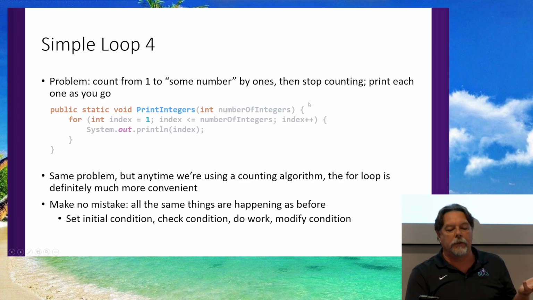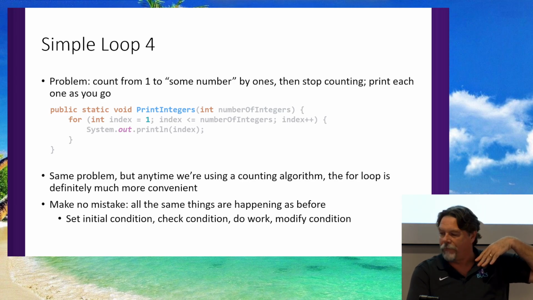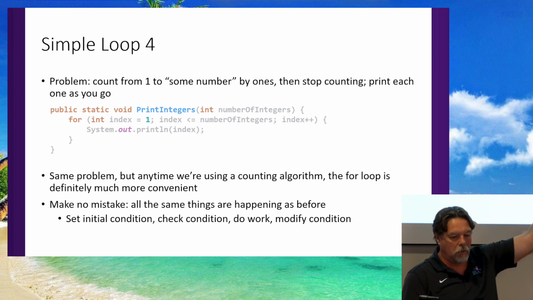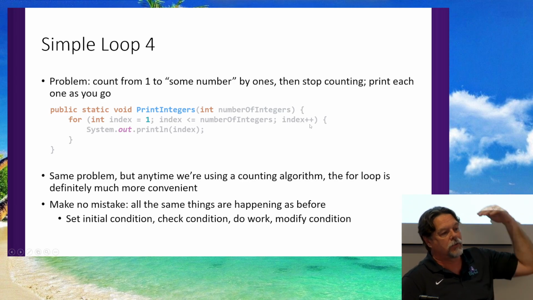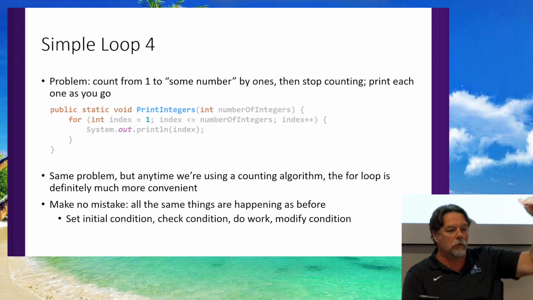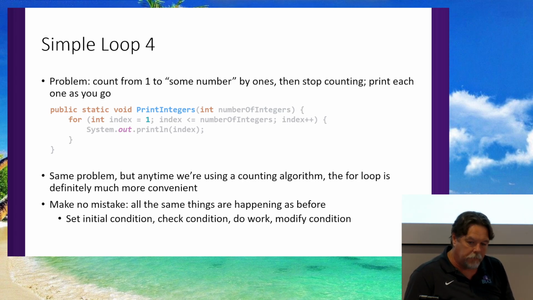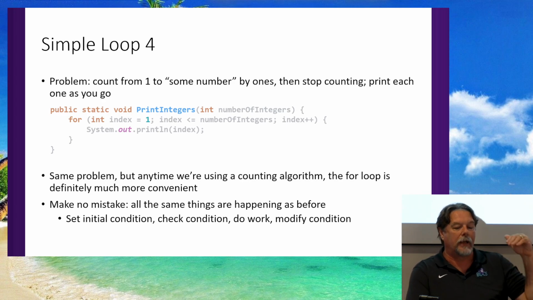I hope that it's obvious from the way this is constructed that I don't have to count up. My loops don't always have to start at a value and add 1 every time. I could make this index minus minus, and I could start at a high value and subtract 1 each time through the loop until I get down to a low value.